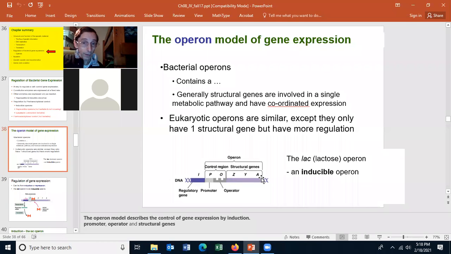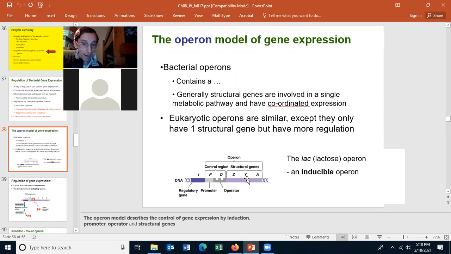In prokaryotes, you can have more than one structural gene in an operon, and these other structural genes are all involved in the same pathway.